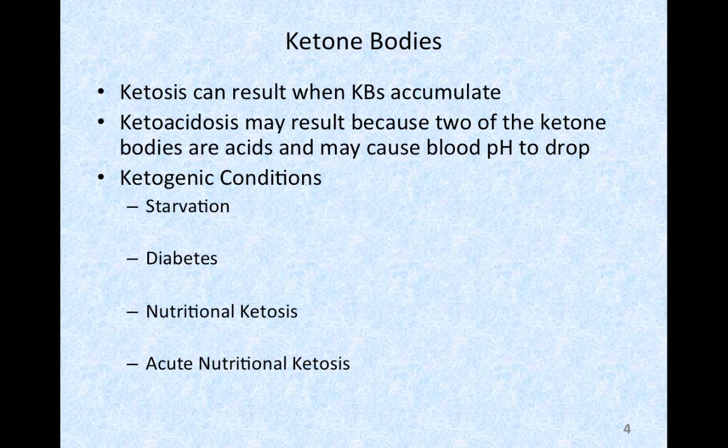In diabetes, even though a person with diabetes might be consuming adequate amounts of calories, the glucose is not able to enter into cells at adequate levels, and this is basically untreated type 1 diabetes.